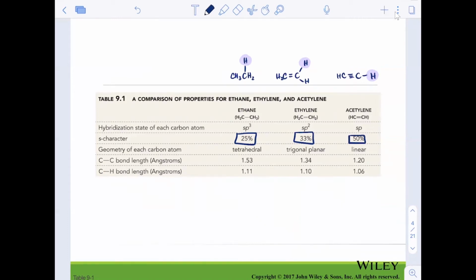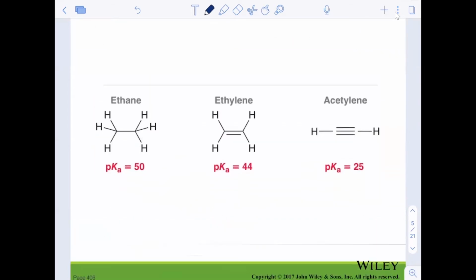So in all of these carbon to hydrogen bonds, we can identify a pKa for these. And remember the factor that was really important to understand the difference in pKa is because of the difference in hybridization. And therefore, when we start looking at these pKa's, we see that the alkyne has a relatively low pKa compared to the alkane, ethane over there on the left-hand side.